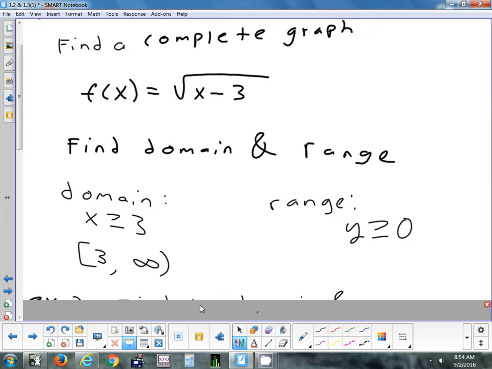Well, Francisco, you remember how to simplify that? What does that mean? X minus 3 with a little 2 up high. Yeah, it means to do x minus 3 times x minus 3.